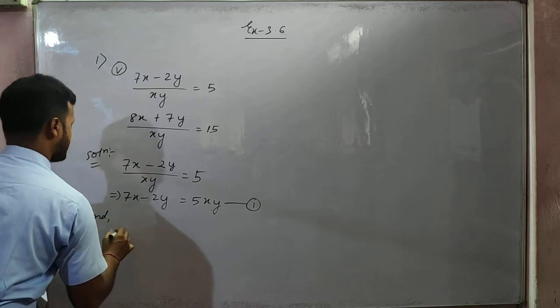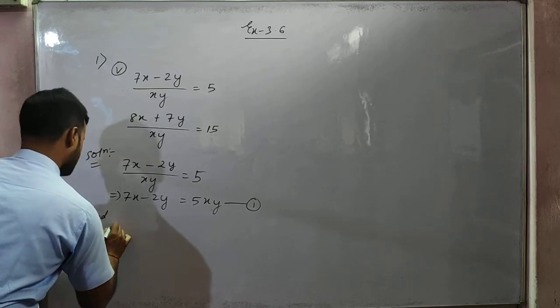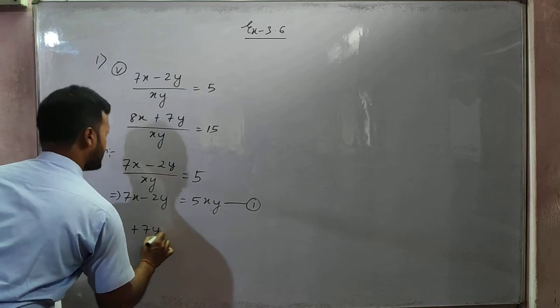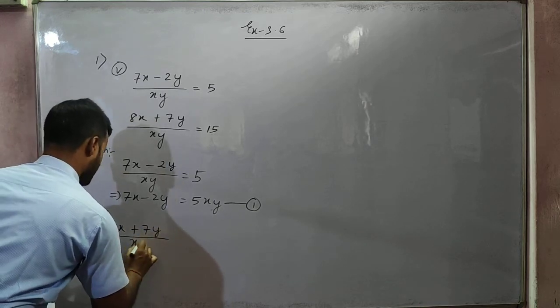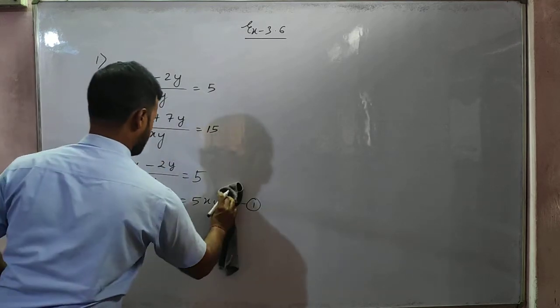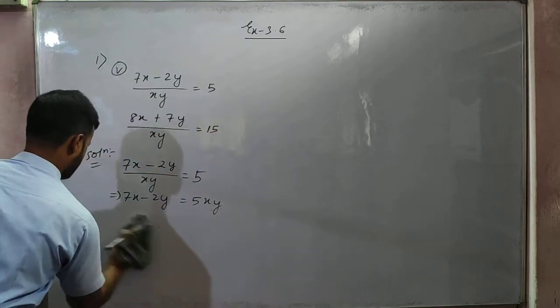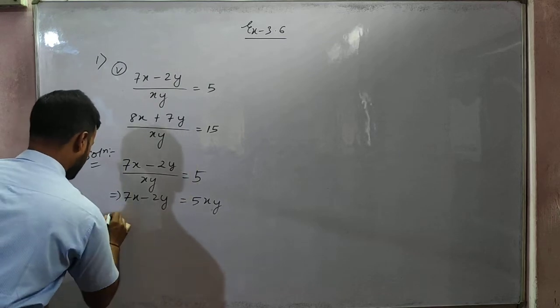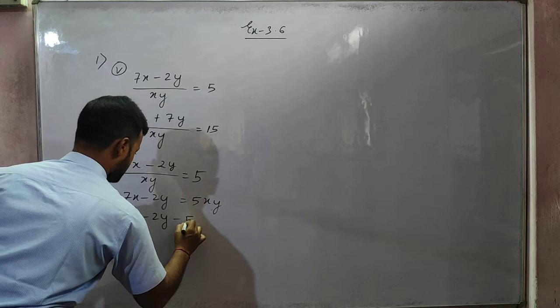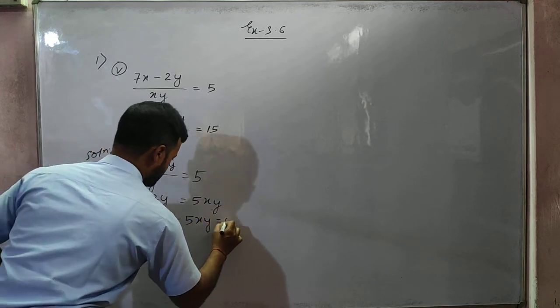And here also, 7x minus 2y minus 5xy is equal to 0.